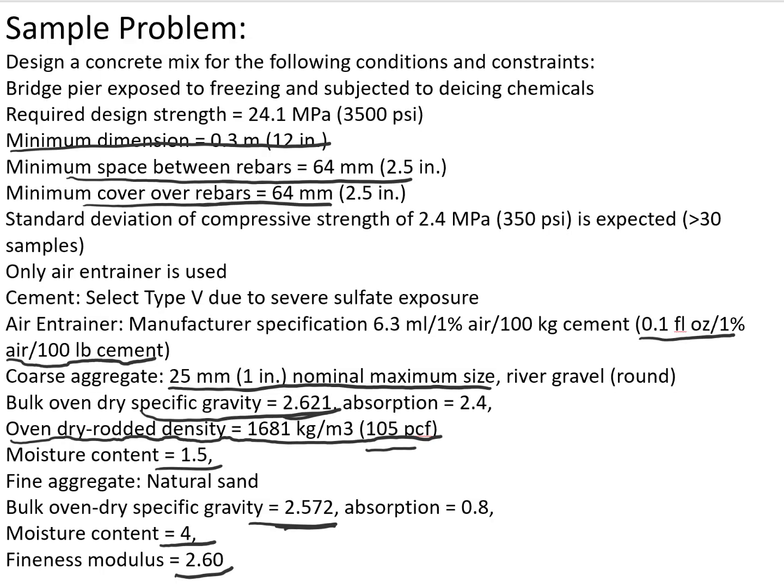So this is the last step, do a moisture correction. So in the previous calculation, we assumed both coarse and fine aggregates are dry, but actually, according to the problem, they are not actually dry. So coarse aggregate has moisture content 1.5, and the fine aggregate has moisture content 4. So we need to calculate the actual weight of coarse and fine aggregate.